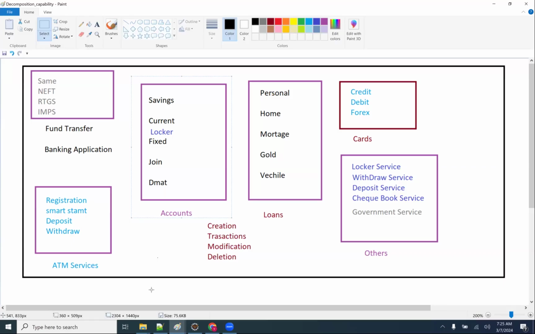Yes or no, guys? Yes, sir, same functionality. Account opening is the same functionality. Fixed deposit is also almost the same functionality. So I am thinking that savings account, current account, fixed deposit, almost all have the same functionality.